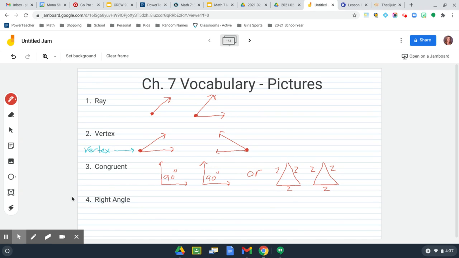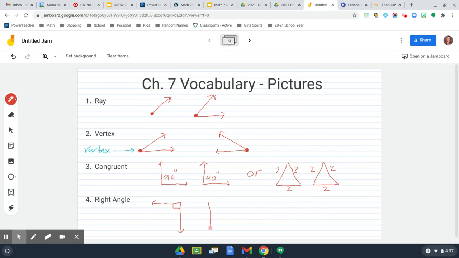Number 4, right angle. Angle that's always equal to 90 degrees. So I drew a few of those up here by congruent. I'm going to just draw it here a different way. I'm just going to turn it around, upside down like this. And typically with a right angle, you see a square in the corner like that, right? So I could draw it this way.